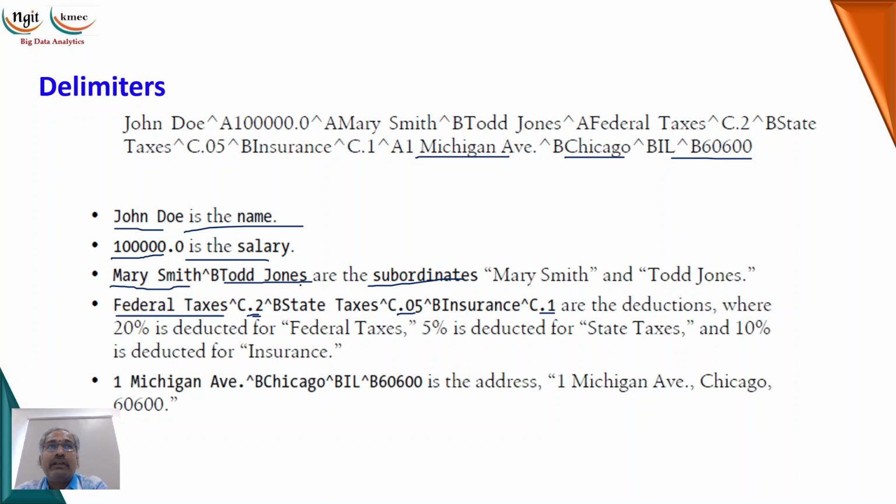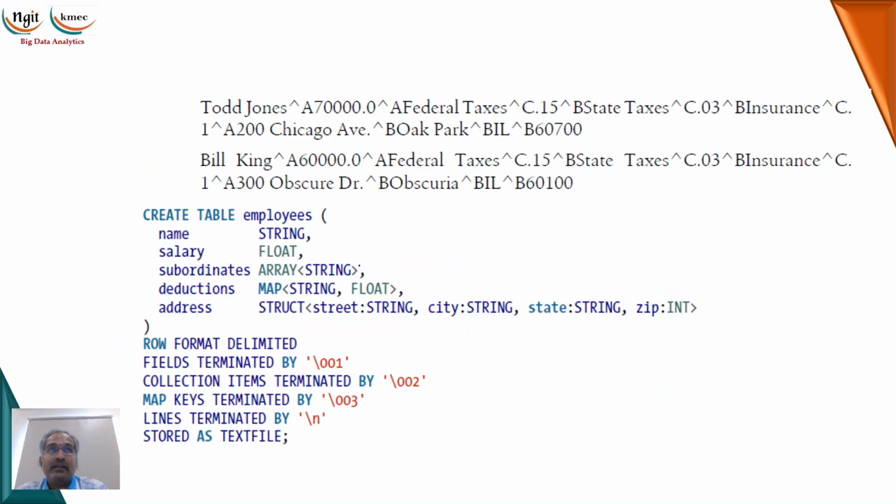So we have to create the table based on these delimiters and what are the data types inside those delimiters. Okay, so these are the delimiters available here. This is one record. This is another record. Obviously, there is the backslash n. So here also there will be the backslash n in general.